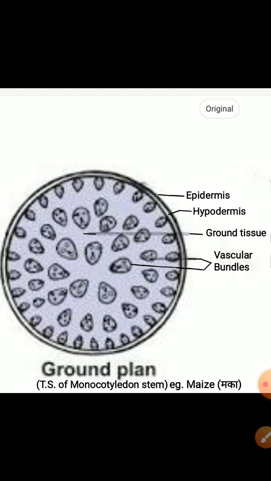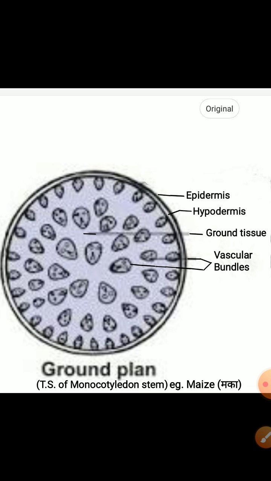Now, this is the transverse section of the young monocot stem, maize. This internal structure of the maize stem is totally different from the dicot stem.